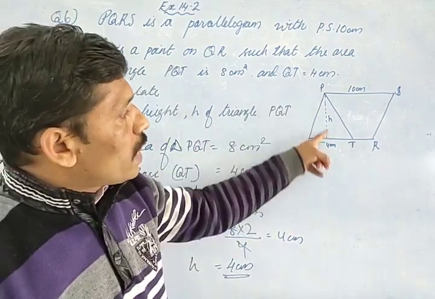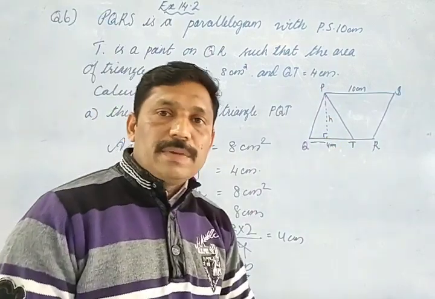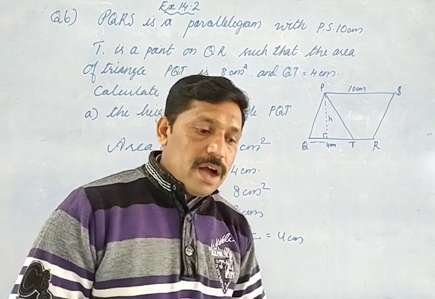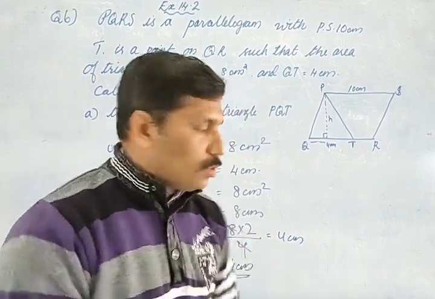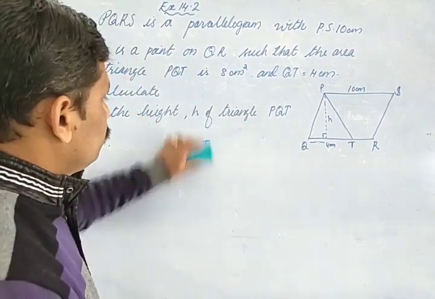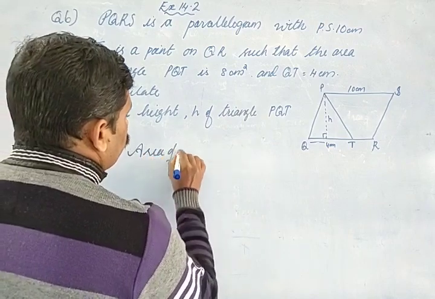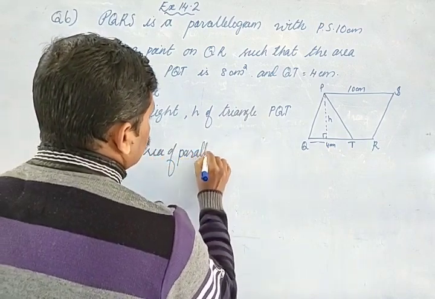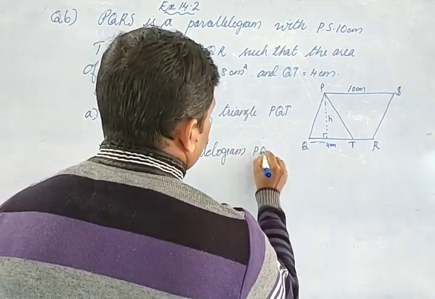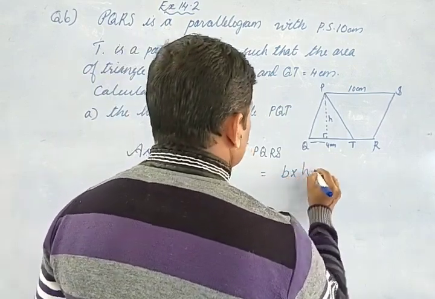So now we got the height of this triangle PQT is 4 centimeter. If the height of triangle PQT is 4 centimeter, then the height of this parallelogram is also 4 centimeter. Therefore, we can find the area of this parallelogram also. Area of parallelogram PQRS is equal to base into height.